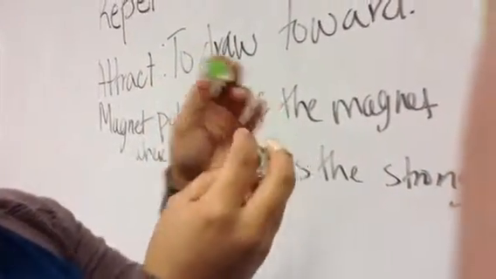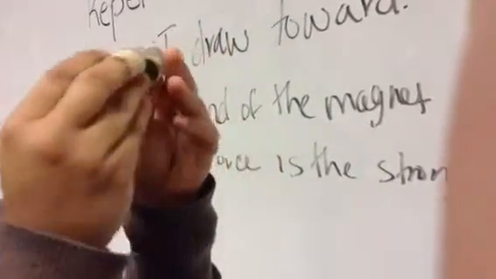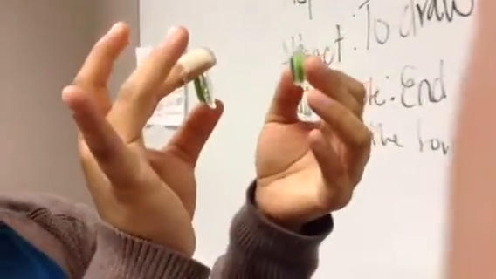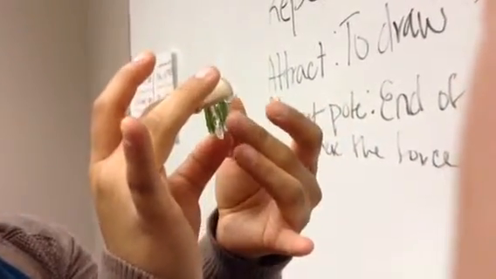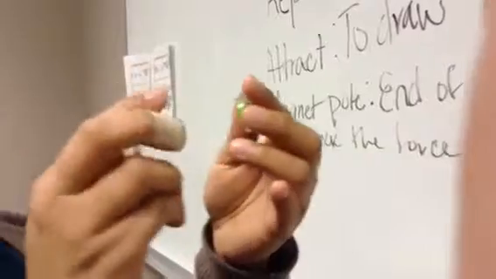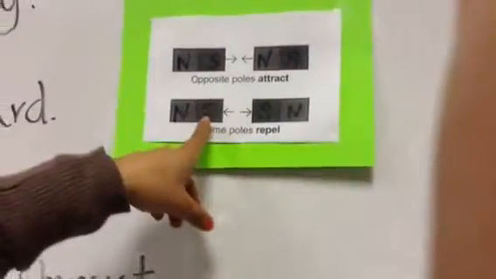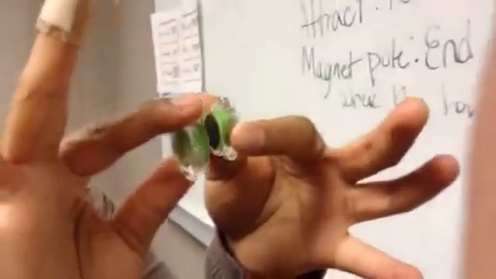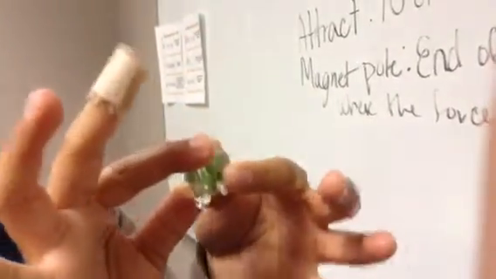So I'm going to go ahead and put the south with the north, and it should attract. See how I did that? So I'm going to go ahead and now do the other way. The same poles, the south with the south, they're supposed to repel. And I can try to put them together, but they repel. You see?